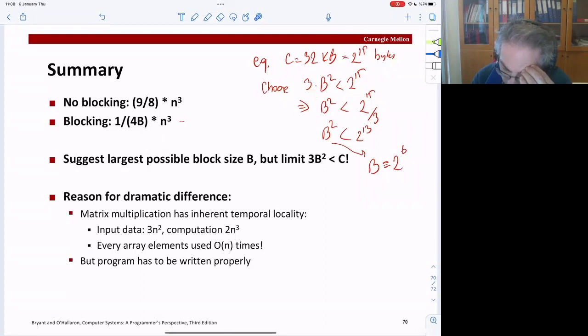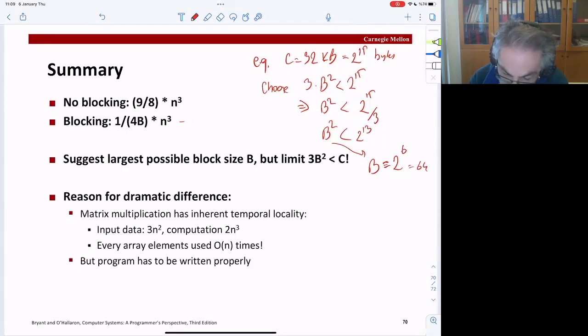So my condition is that I want to take the largest possible block size, but make sure that 3 times b squared is less than C. So 3 times b squared should be less than 2 to the power 15 bytes, which means b squared should be less than 2 to the power 15 divided by 3. Let's make this 4, just roughly. So b squared should be less than 2 to the power 13. And I can decide b as 2 to the power 6, which is approximately 64.